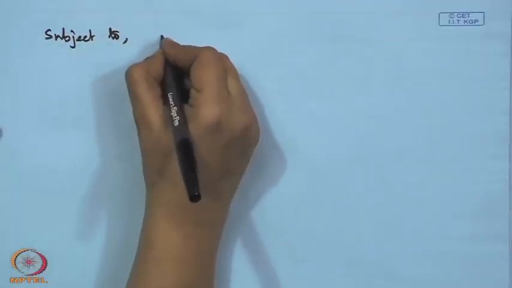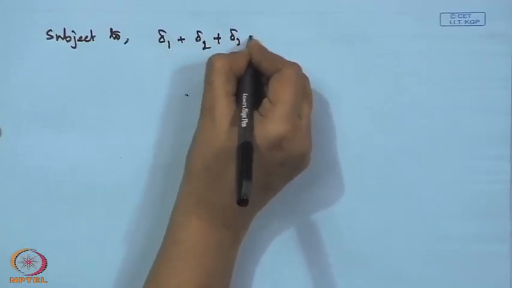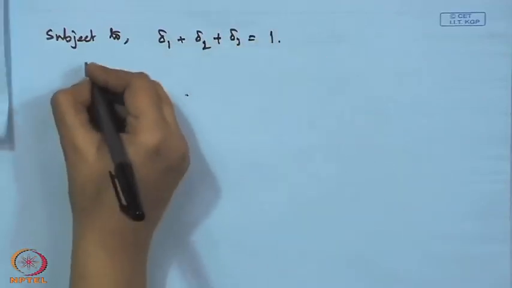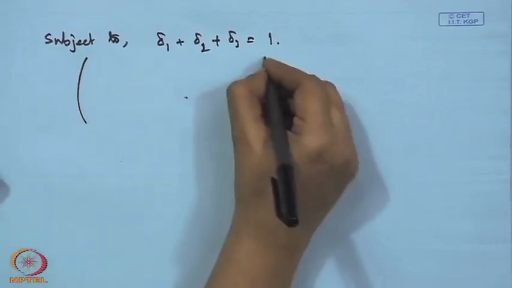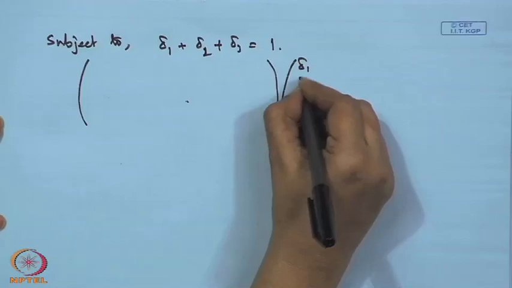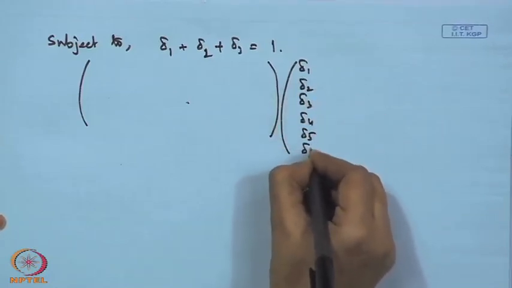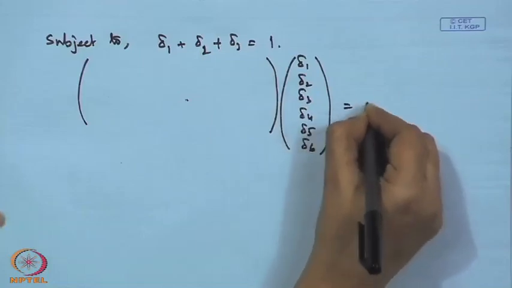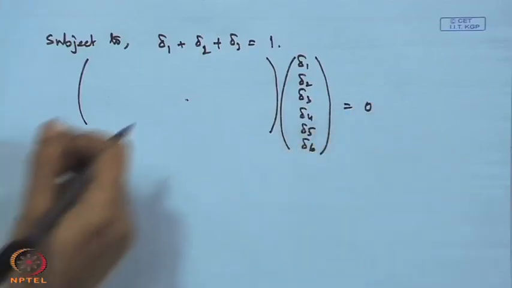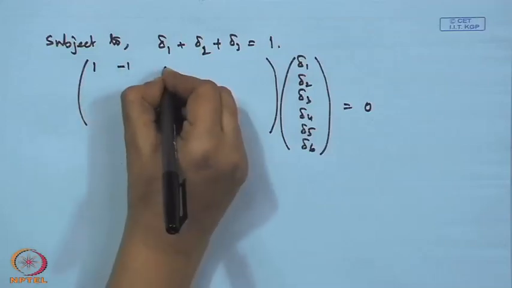from the objective function the normality condition we are getting delta 1 plus delta 2 plus delta 3 is equal to 1, and here also the same, we will have the Aij xj, here delta 1, delta 2, delta 3, delta 4, delta 5, delta 6, this equal to 0. Now, let us construct the values: x1 is 1, 1.